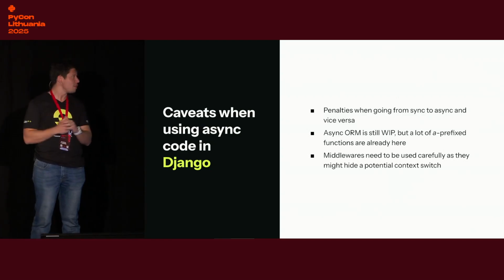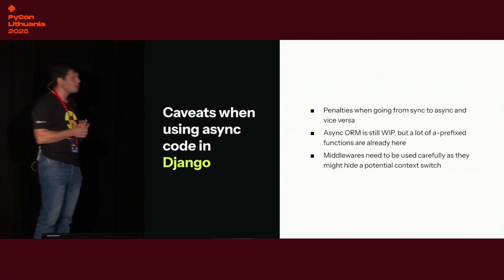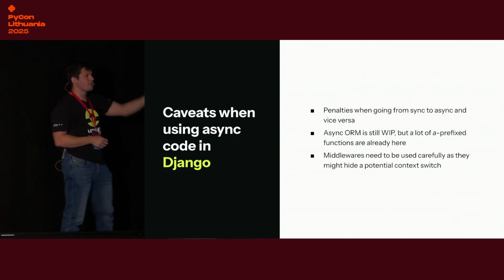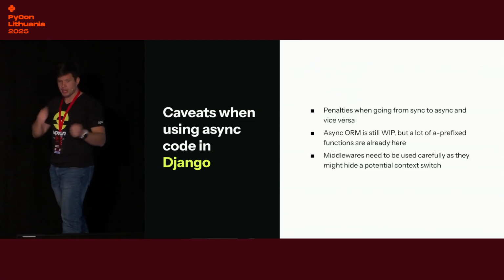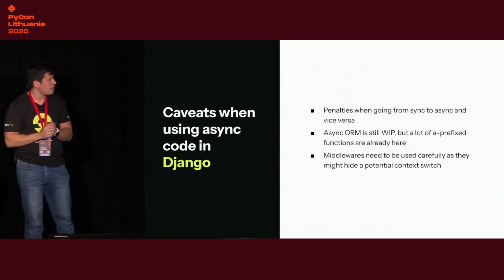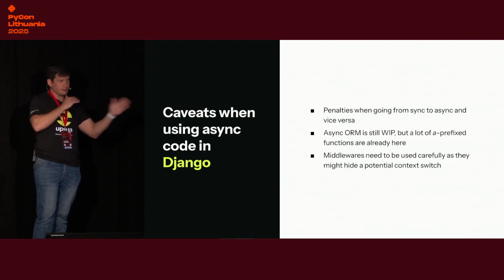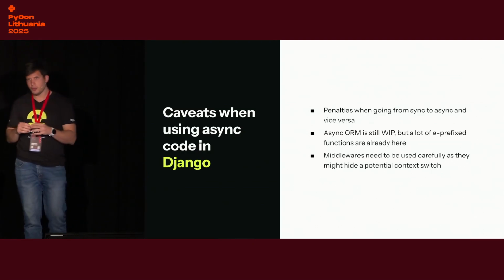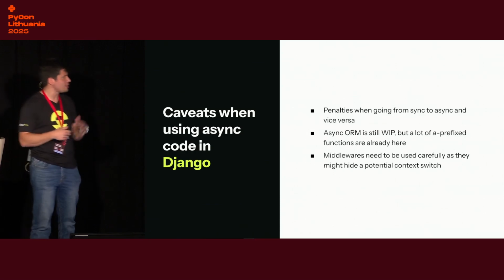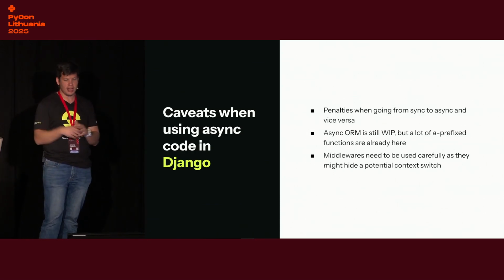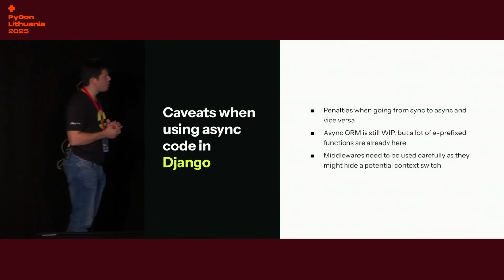For example, if you have a view that does some computation, but then also hits an API in an asynchronous way, you need to make sure that the speed that you're going to get from this asynchronous code is not going to fail you later down the road.